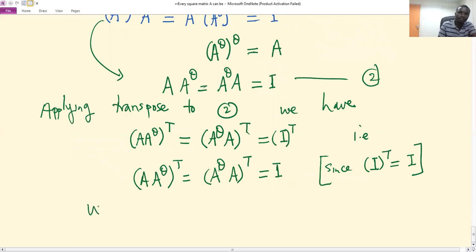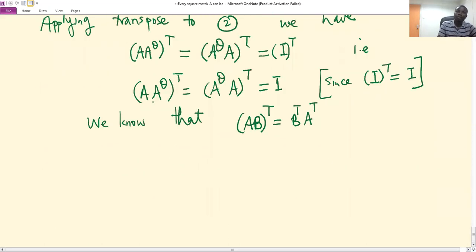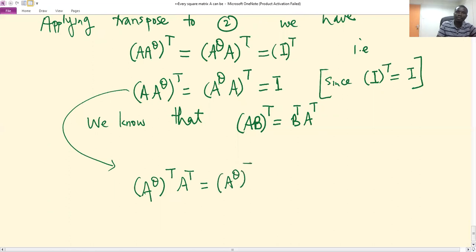Now we know that if I have a product of two matrices AB, and you take the transpose of the product, it's the same as B transpose A transpose. So this result will be A power theta transpose A transpose equals A power theta transpose A transpose.